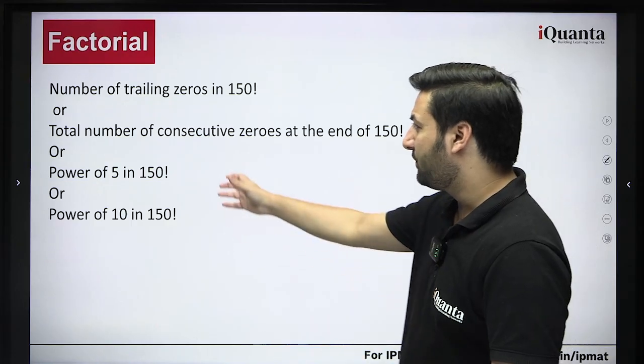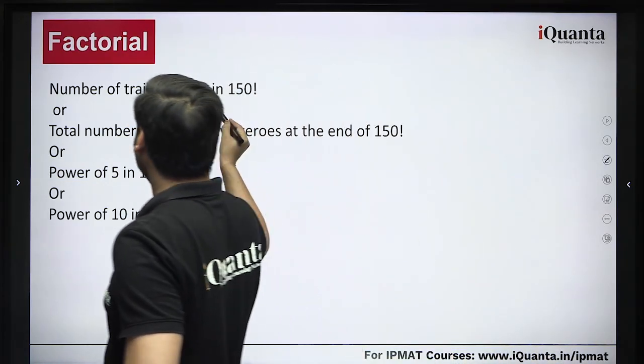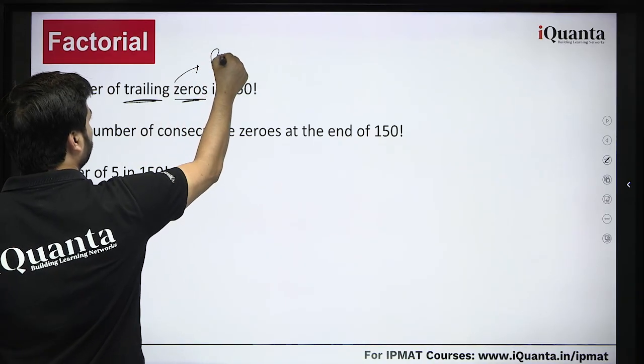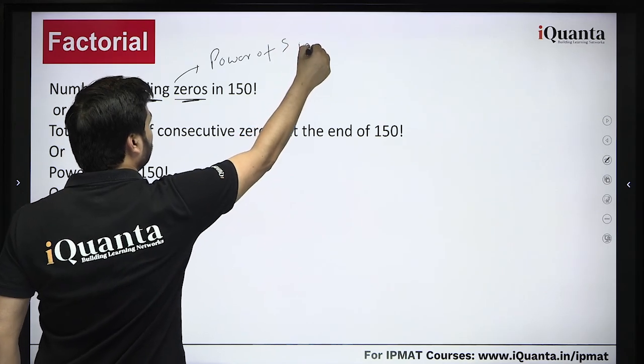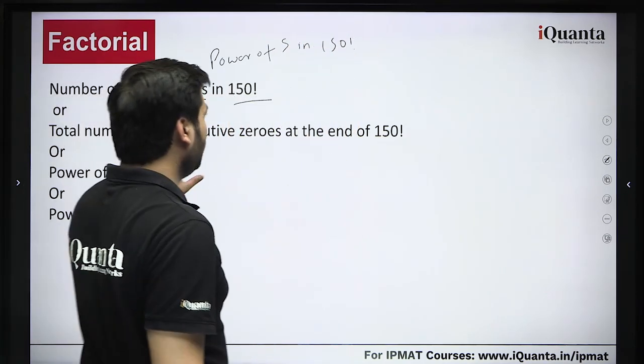Sometimes they will write the question like this: number of trailing zeros in 150 factorial. So, finding out the number of trailing zeros is the same as finding out the power of 5 in 150 factorial. Why?